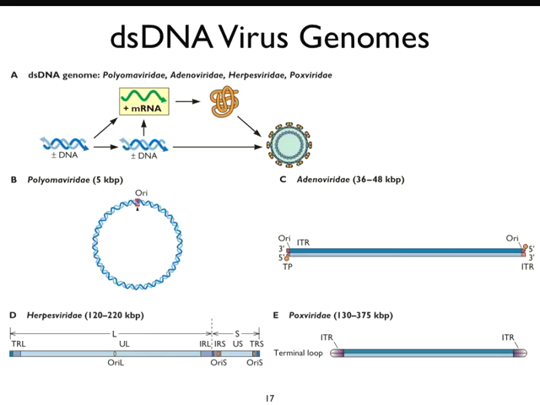We have here an adenovirus genome, the very large herpes virus genome, and the Poxviridae, which we're not going to talk about because that would require an entire lecture to even begin to explain them, but they're actually just a big circle. All right? They're double-stranded, and the ends are covalently closed. Okay?